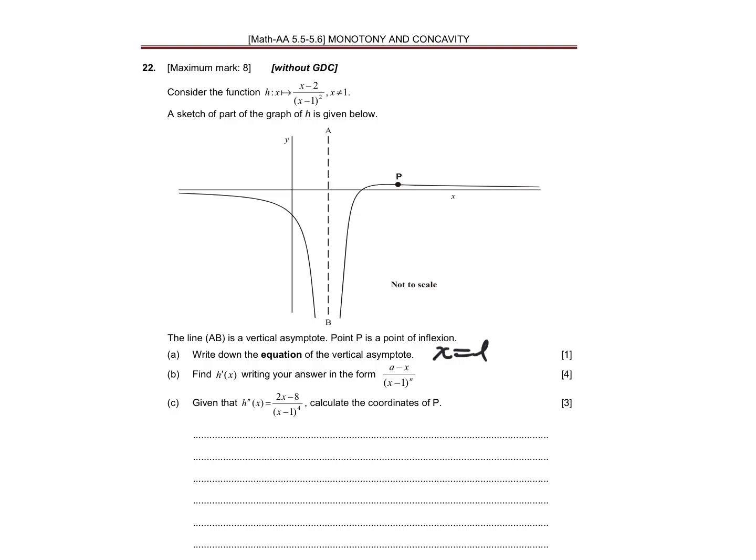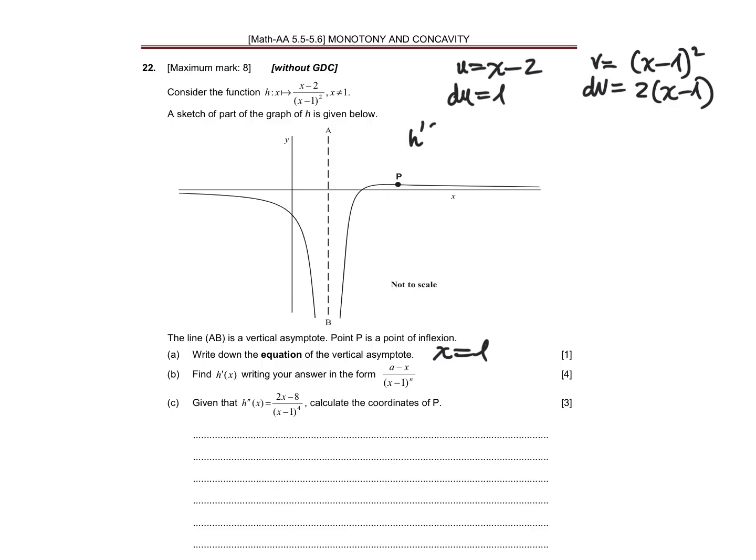Find h prime. So if we do quotient rule, du is just 1. dv is 2, x minus 1 to the 1 times 1, because of chain rule, but that doesn't change anything.